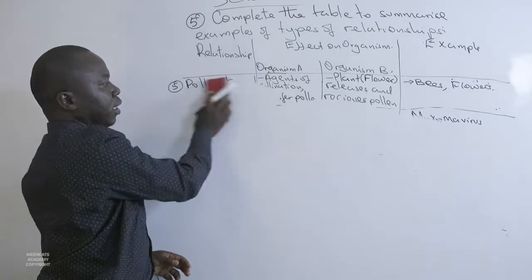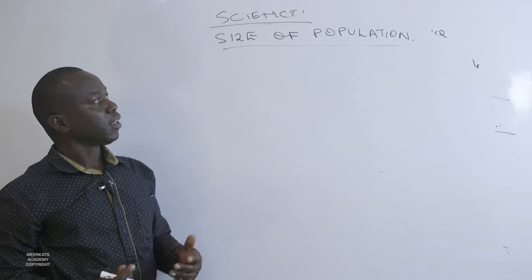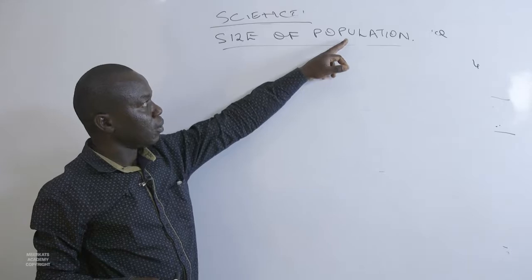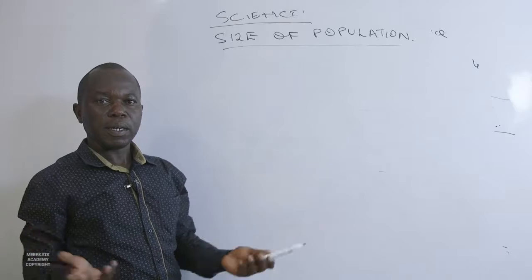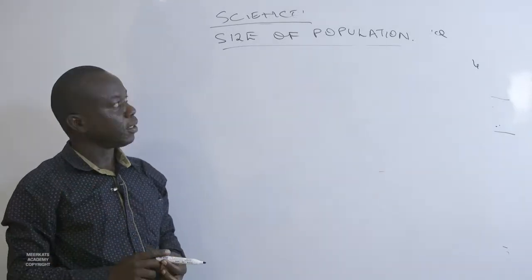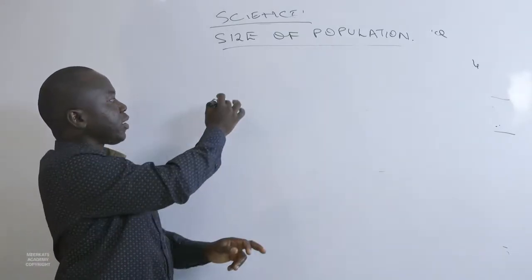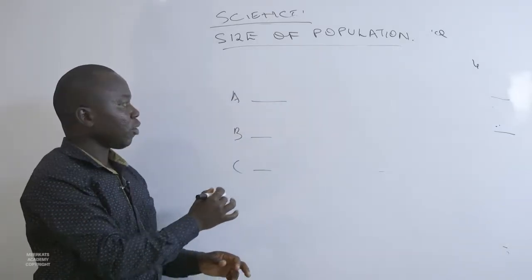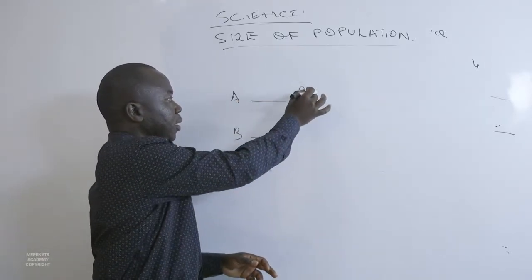So let us go to another concept, size of population. Now we've been talking about communities and environment. So we cannot talk about communities without talking about population. Remember we talked about community. We said a community is where we have different species occupying the same ecosystem. But before it forms a community, we must have different species, A, B, C, and then we have several of these species A, several of those species B, like that.